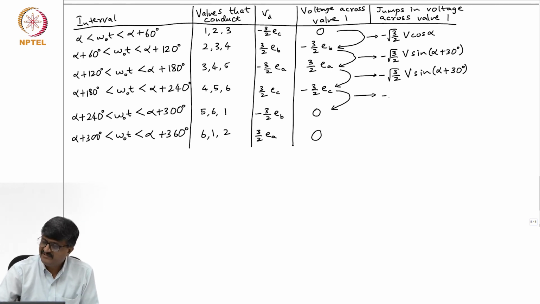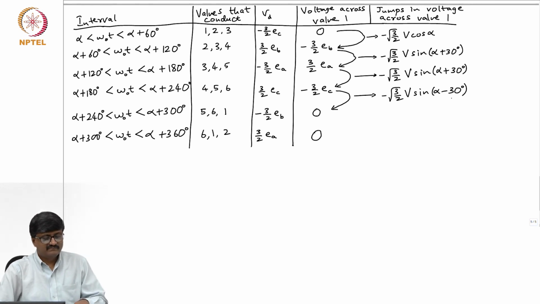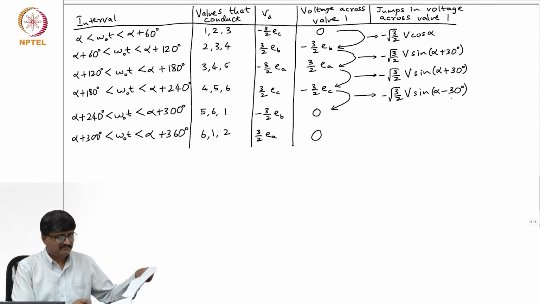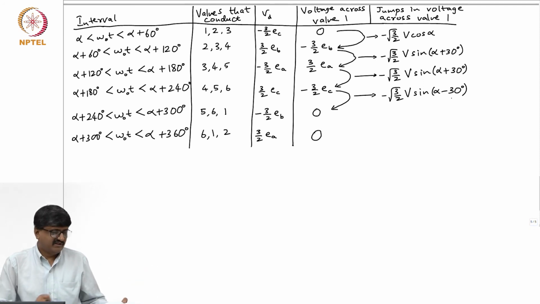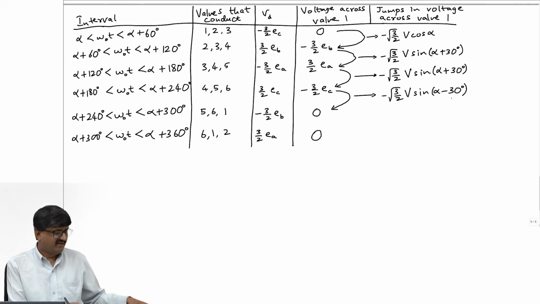And the last jump is minus root 3 by 2 V sin(alpha minus 30 degrees). So that is about the 3-valve conduction mode. So for the sake of completeness, we have also considered the 3-valve conduction mode in addition to the fluent 3-valve conduction mode, which is the normal operation, and 3 and 4-valve.